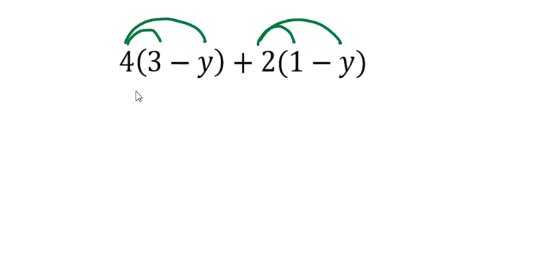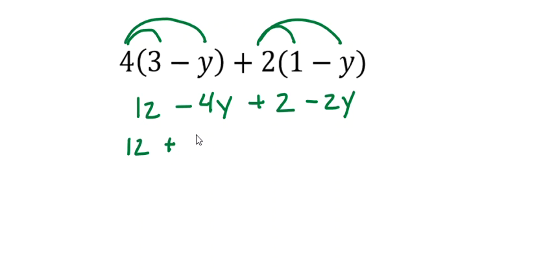So that's going to be 4 times 3 is 12. 4 times negative y is negative 4y. And 2 times 1 is 2. And 2 times negative y is negative 2y. And again, I'm going to think about those minus signs as just a plus a negative number. So 12 plus negative 4y plus 2 plus negative 2y.